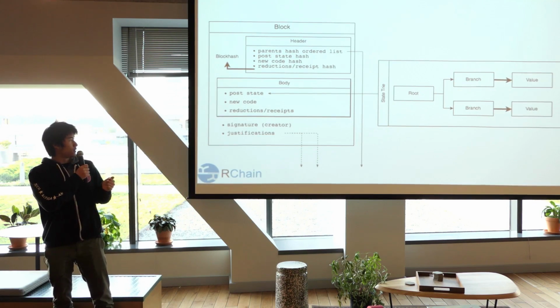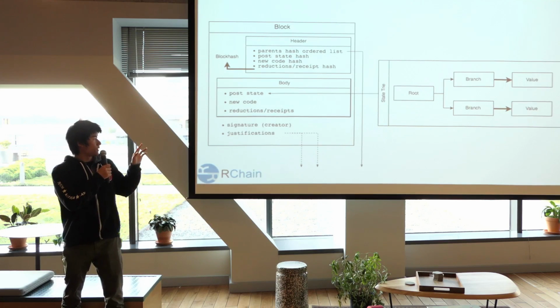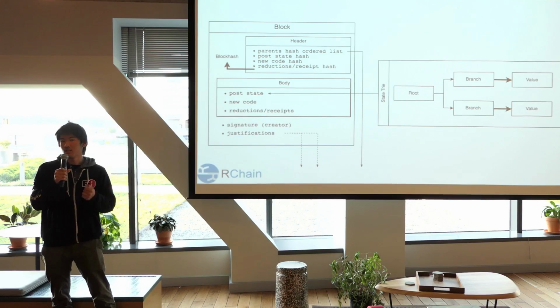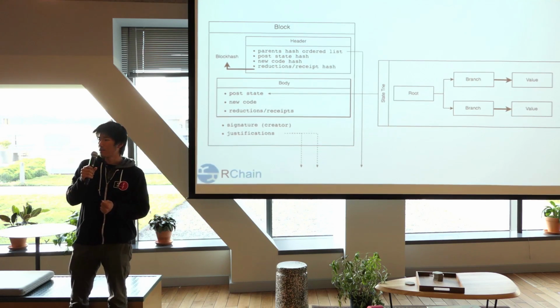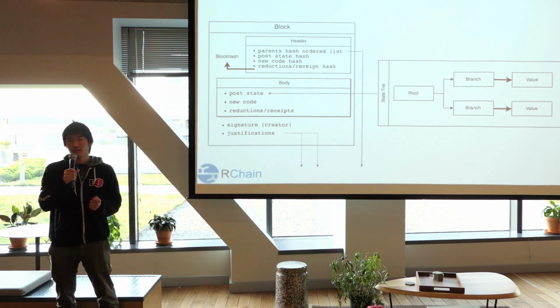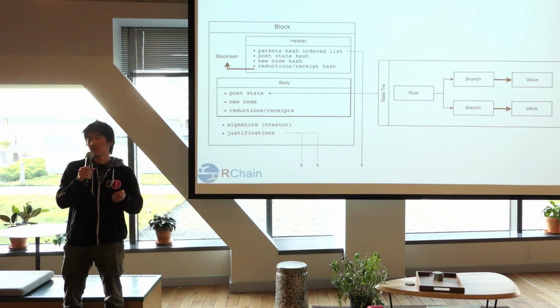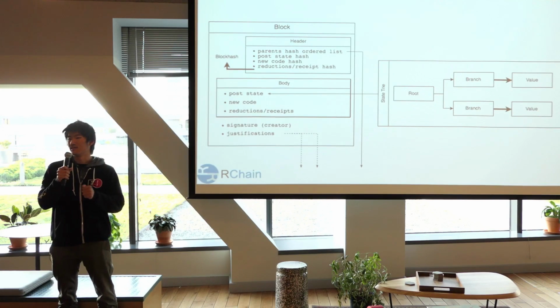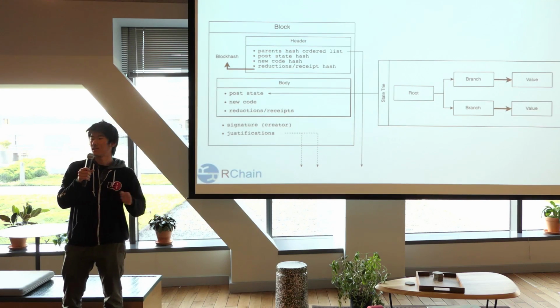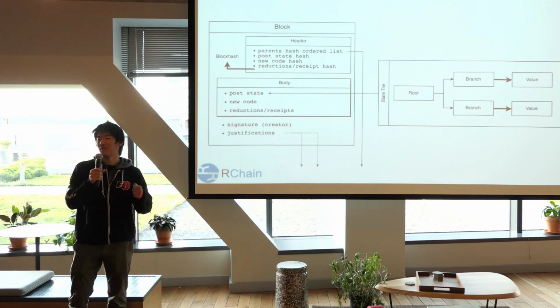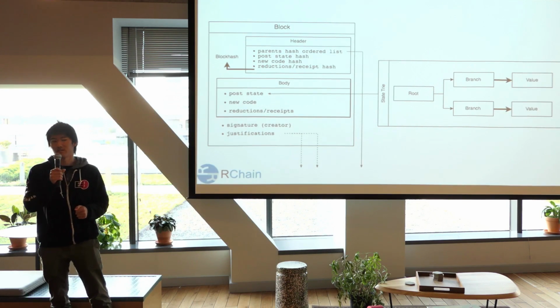But I do want to go over the aspect of proof of stake and why we need justifications. In traditional blockchains or proof of work models, all you need is a block hash that is lower than some number, signifying that you've gone through and done a lot of hashes.